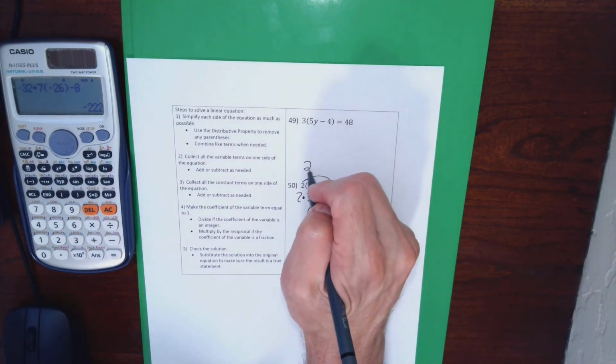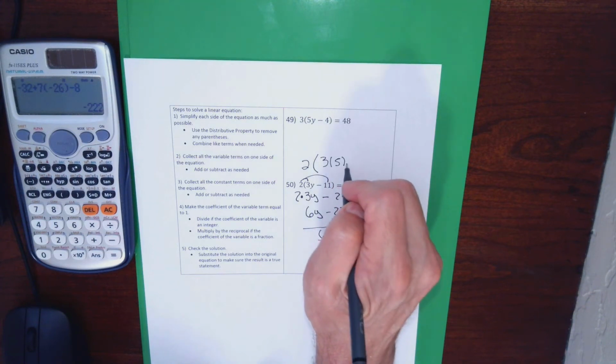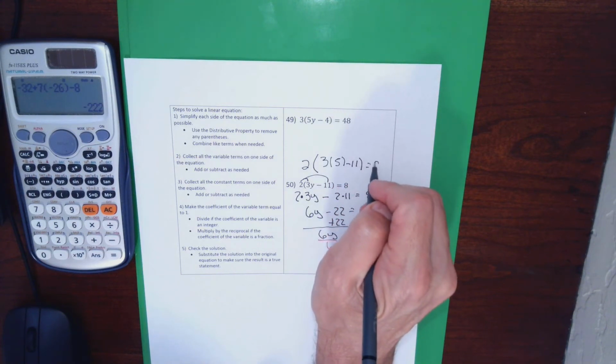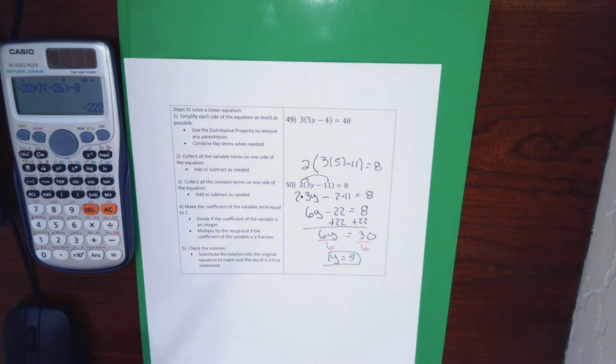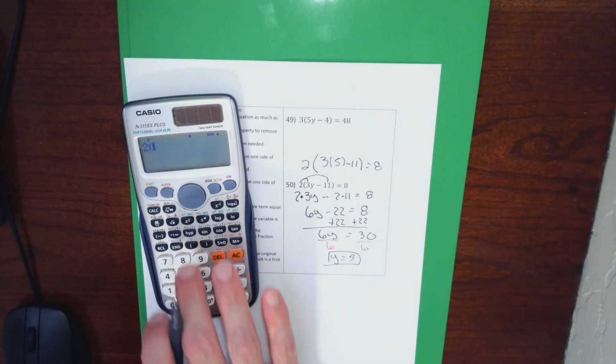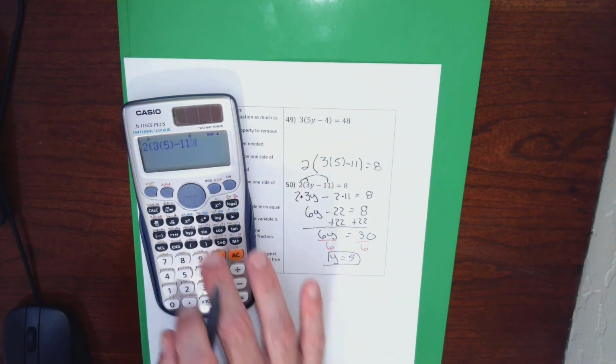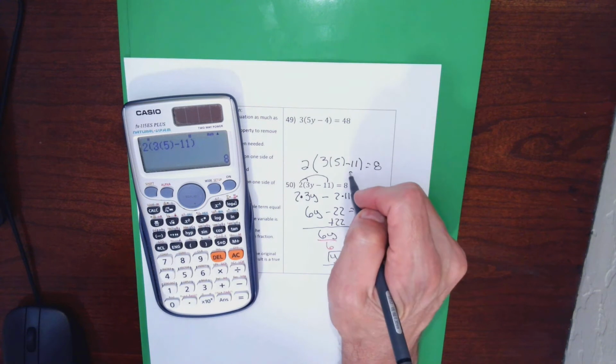For my checking, I'll go 2 times 3 times 5 minus 11 and see if that equals 8. And that's nice, I don't have to double check. I only have to check the left-hand side because the right-hand side is just that single 8. So I'm just trying to get 2 times 3 times 5 minus 11, making sure they balance out, and they do perfectly.